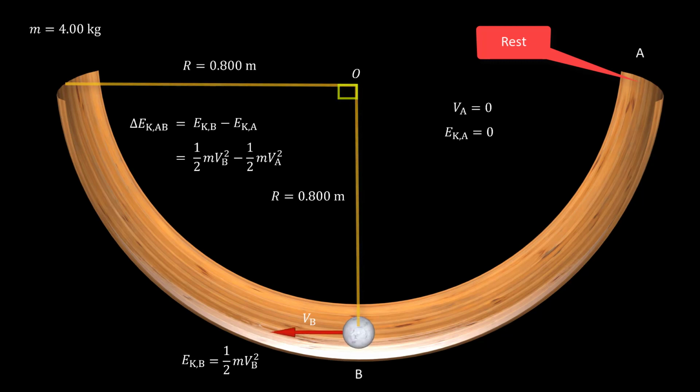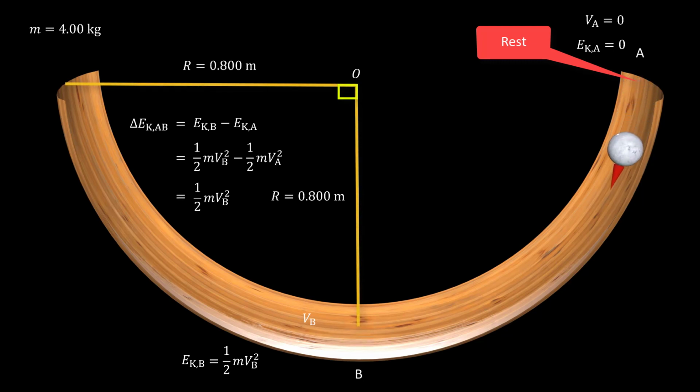And we know that VA is 0, so we obtain half mVB squared finally. This increase in kinetic energy comes from the loss in the gravitational potential energy of the Earth ball system when the ball moves from point A to point B.